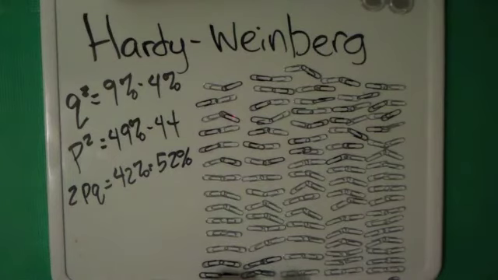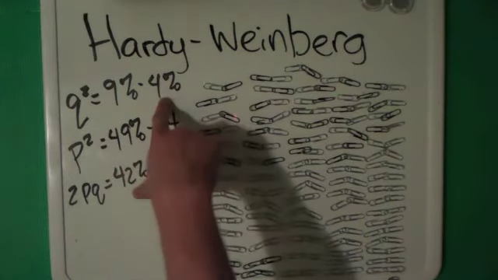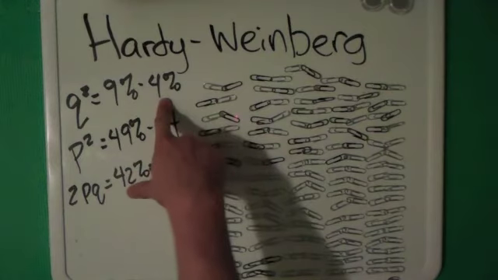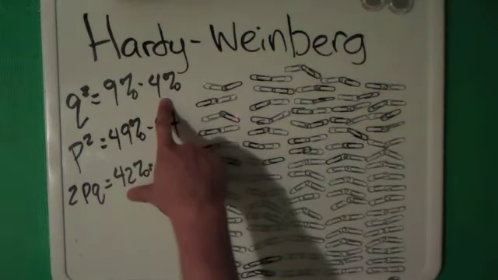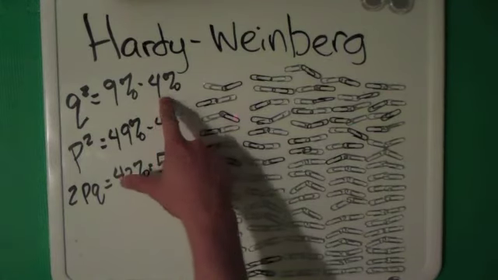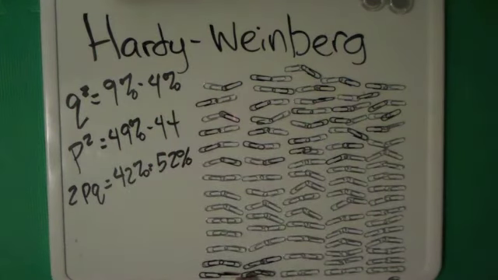If our population was even bigger, we'd get even closer to these realized numbers. So that's one of the things with Hardy-Weinberg equations, is that your population has to be pretty large. So you could say that this is starting to get out of Hardy-Weinberg equilibrium. Let's say it just happened, 4%, I only got 4 of these things, so it could have happened where I didn't have these guys at all, right?